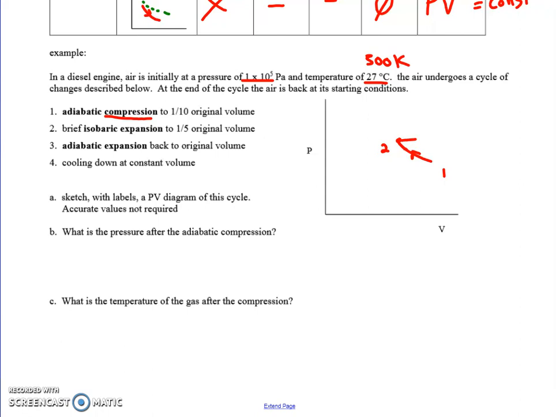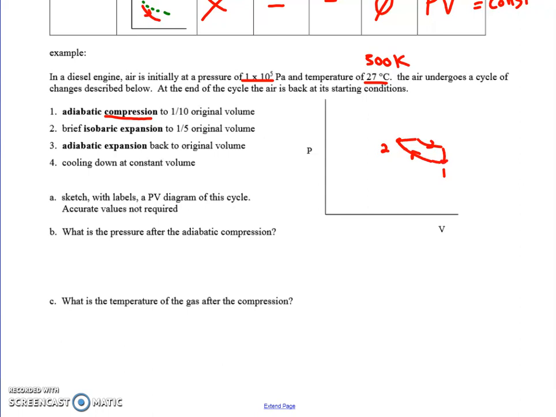Then I'm going to do an adiabatic expansion back to the original volume. So it's going to look something like this. I'm trying to get back to the same volume. And then I'm going to do a cooling down at constant volume. All right, so the last phase here is going to be straight down like that.